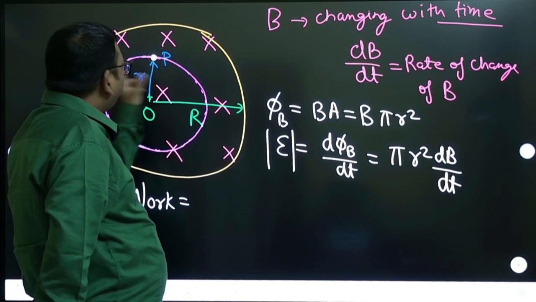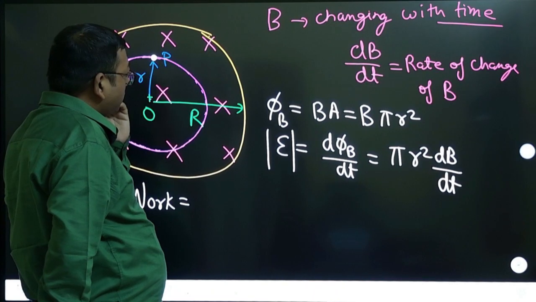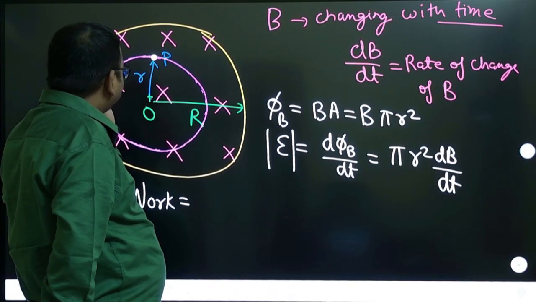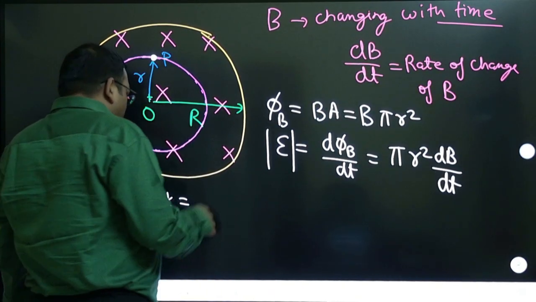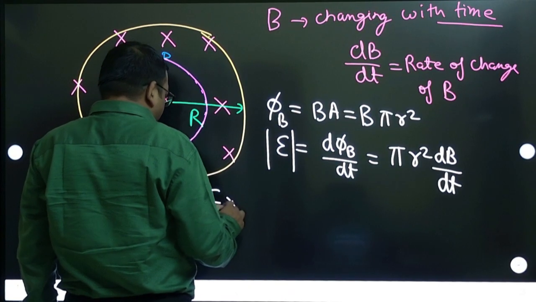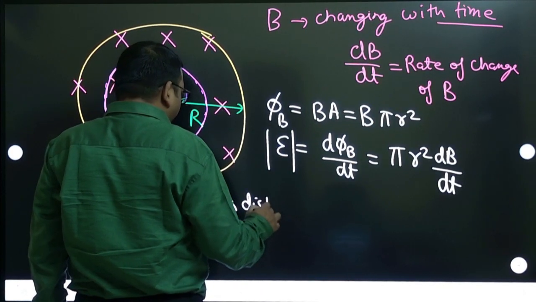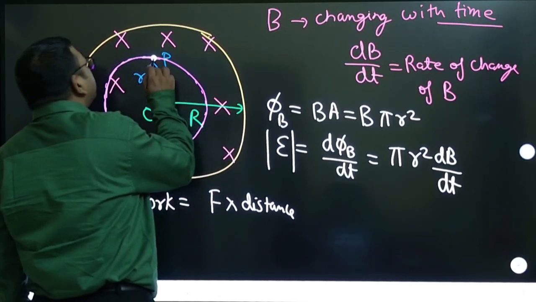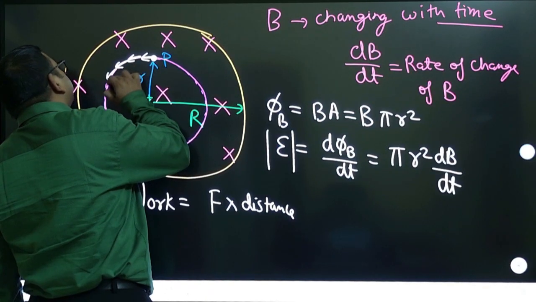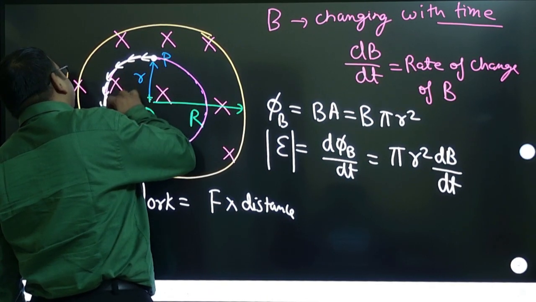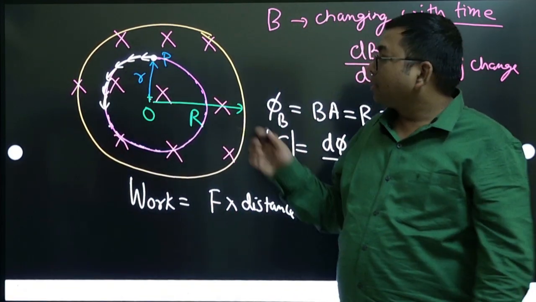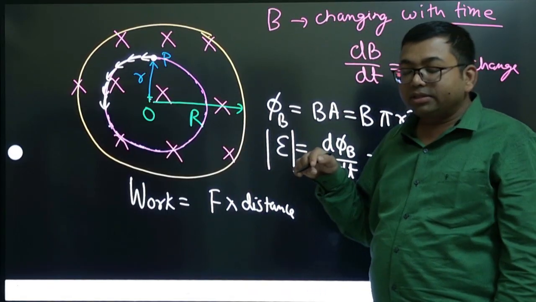Because there will be force on this charged particle, let's write the work done as force into distance. Why distance? Because this force acts on the charged particle over a small displacement, and adding these small displacements gives us the distance, because basically you have to do integration, right?